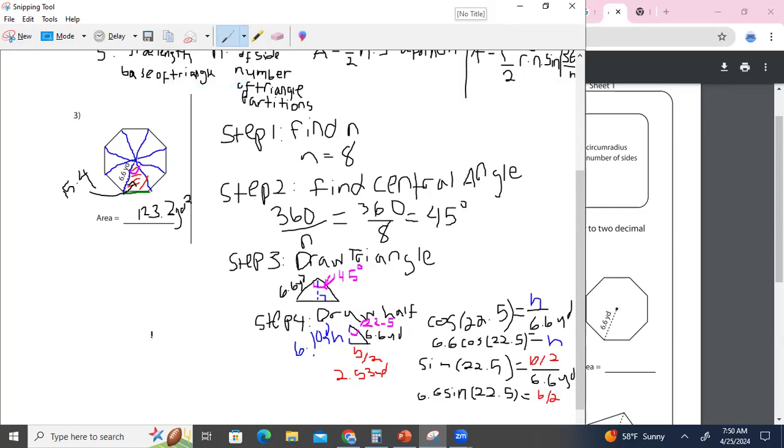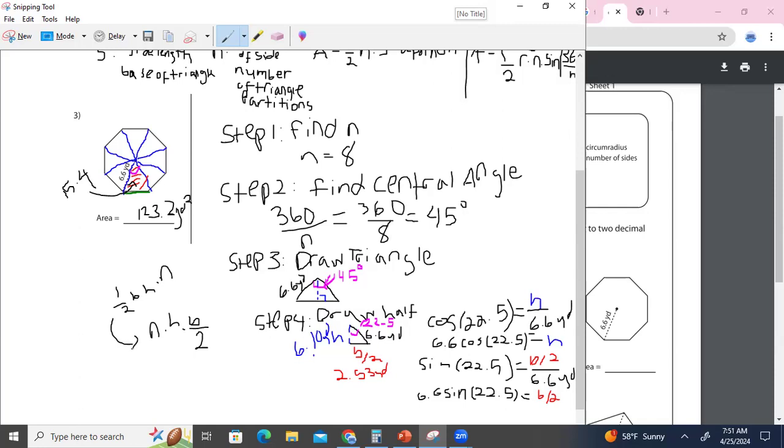So we can just say n times b over 2, half base, times our apothem, which is our height. And which is what I did there. See, 1/2 base times height times n. And that just is the same thing as this.